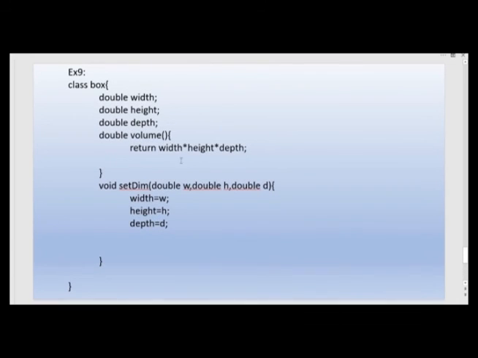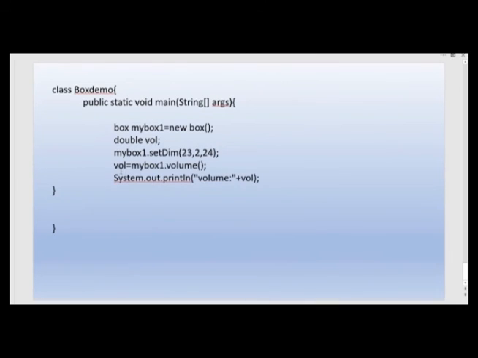The volume method returns the volume of the object and it is caught by the vol variable, and finally it is printed on the screen using the System.out.println method. This is the execution of this program.